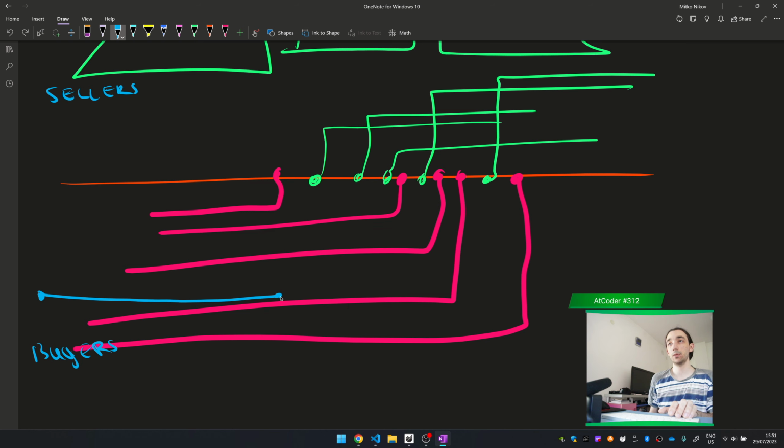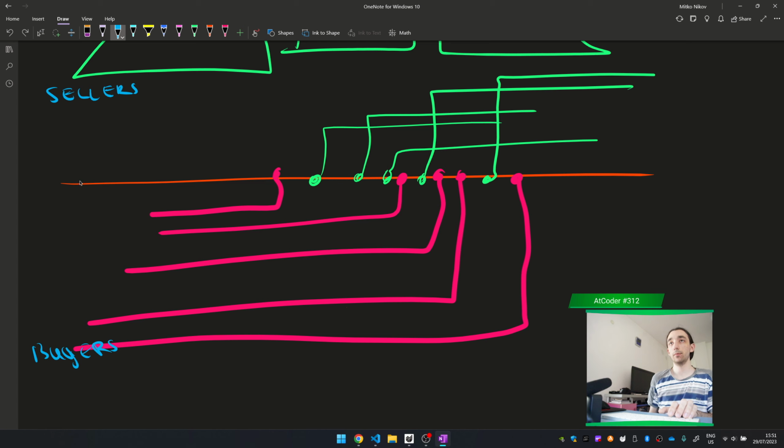Okay, so here it pops up minus 1 buyer, right? Here it goes up a seller. So the seller goes up here, and then the buyer count decreases while the seller count increases.